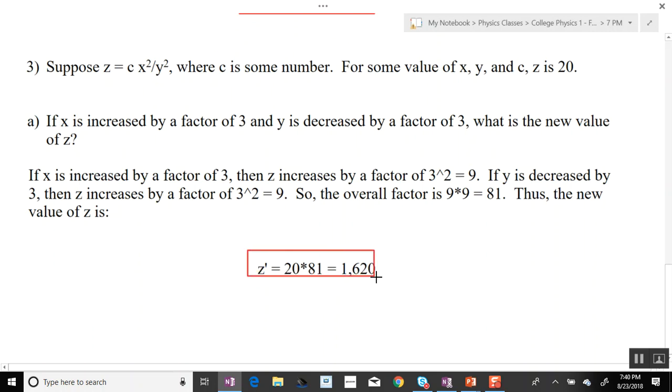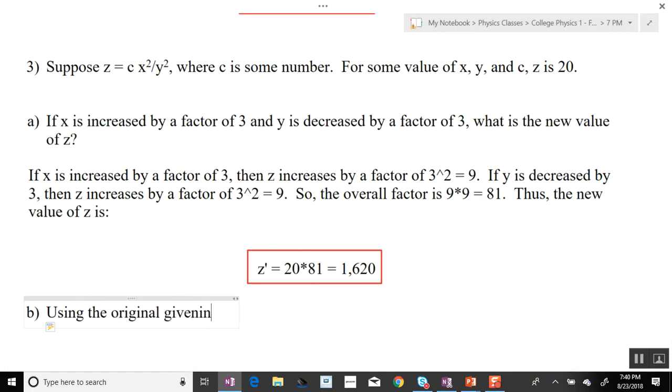Let's do one more part. I'll just type it out again. Using the original given information, so z is not 1620. z is 20, the original value of z.